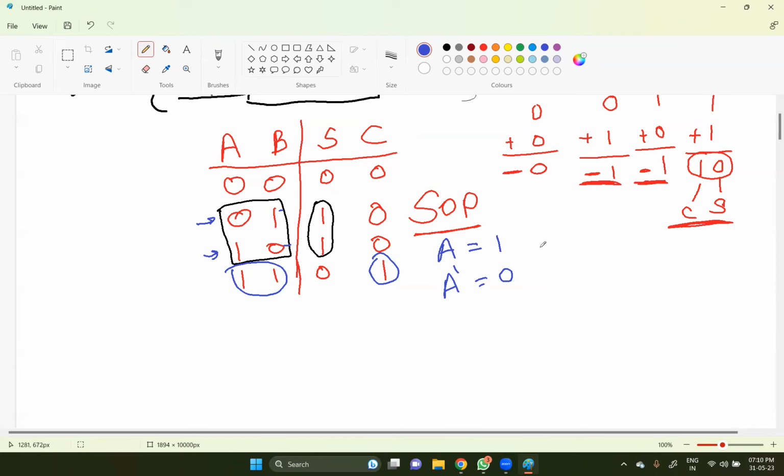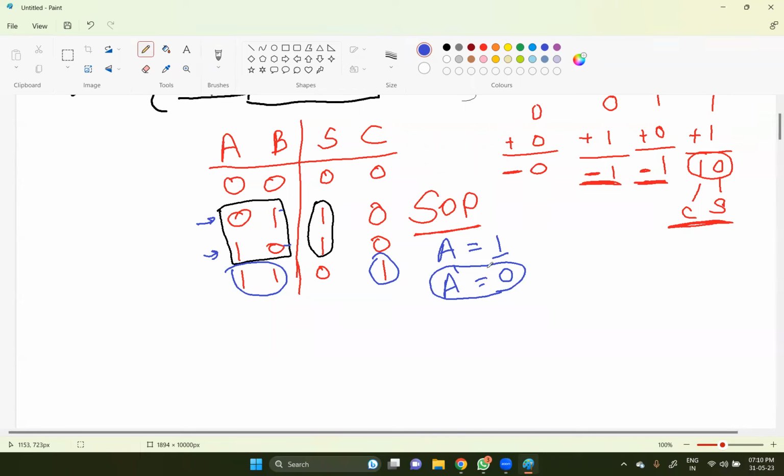So please remember these two. Something like A into A complement, or A complement B, otherwise B complement. The original form will be 1 and the complementary form will be equal to 0. Based on this, you need to write the expression here.